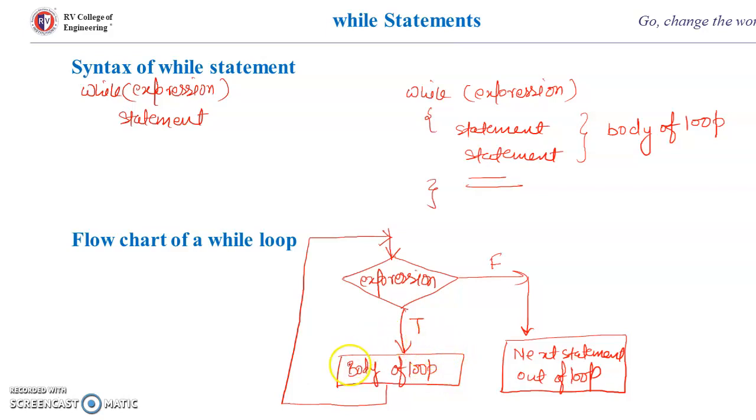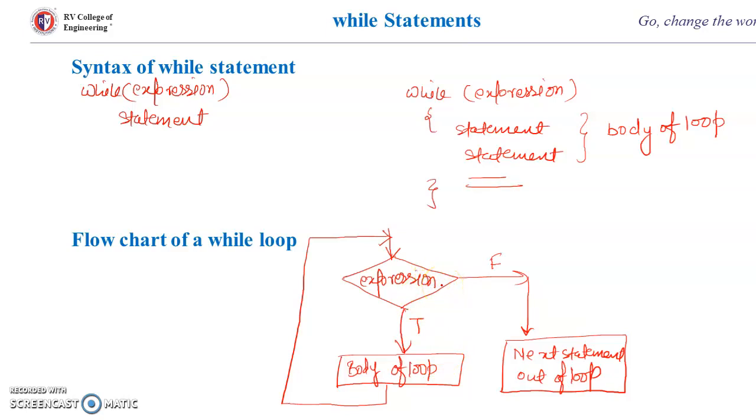This means these statements are executed continuously till this expression is true, and when it becomes false the loop terminates and the control comes out of the loop, and whatever statement we have written outside the loop will be executed. Each execution of the loop body is known as an iteration and the expression is known as the loop condition.